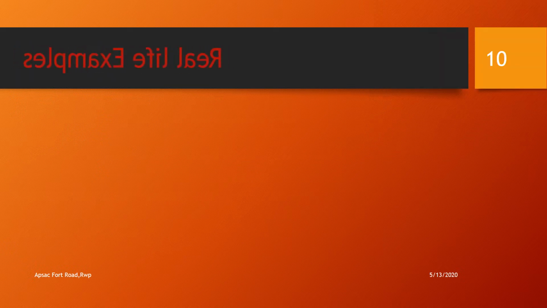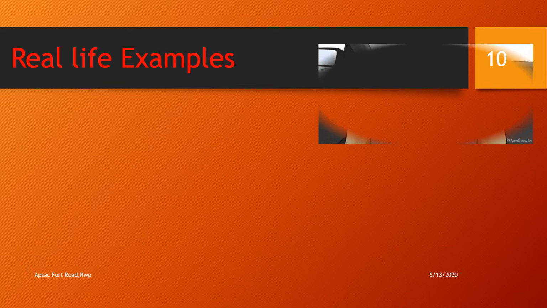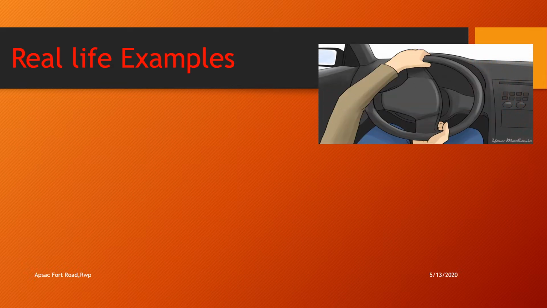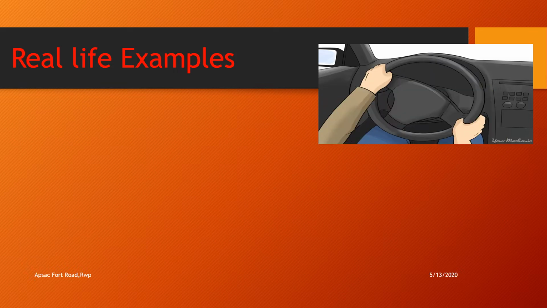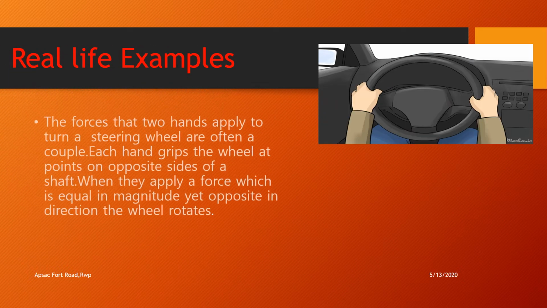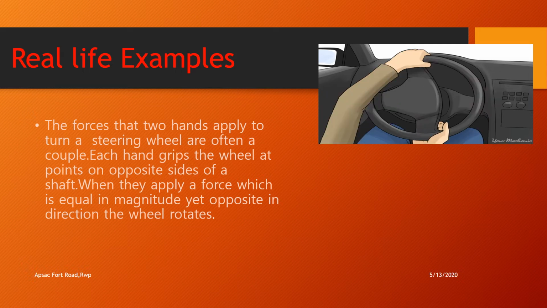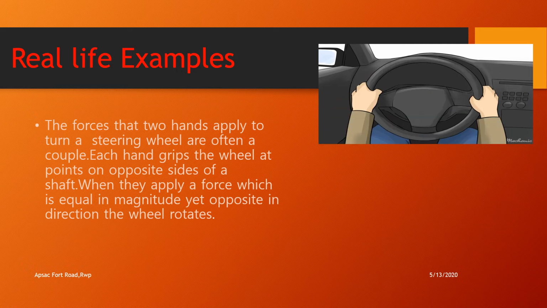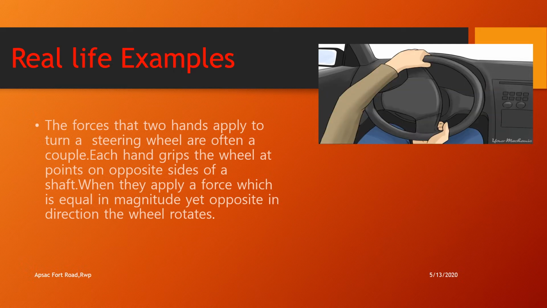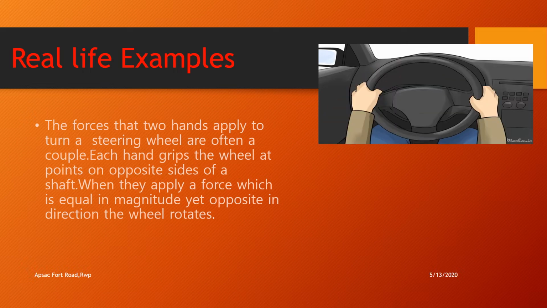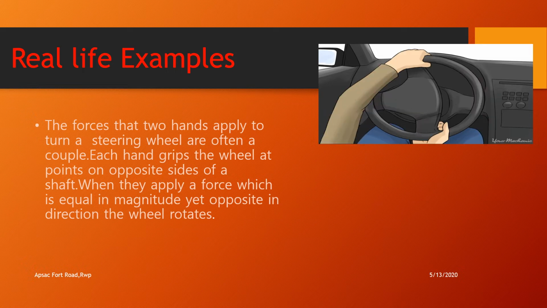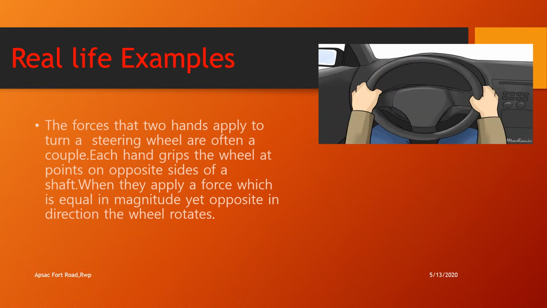Now, different regular activities which we perform in our routine life involve the concept of a couple. Let us take a few examples. The forces that two hands apply to turn a steering wheel are often a couple. Each hand grips the wheel at points on the opposite side of the shaft. When they apply forces equal in magnitude yet opposite in direction, the wheel rotates.